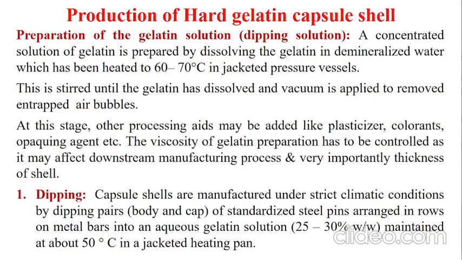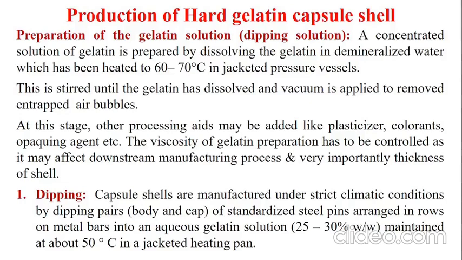And whatever the rest of the additives we require, like plasticizer, color, opacifying agent, we add in the gelatin solution, that is, in the dipping solution. Once we have the dipping solution, the next step is dipping.